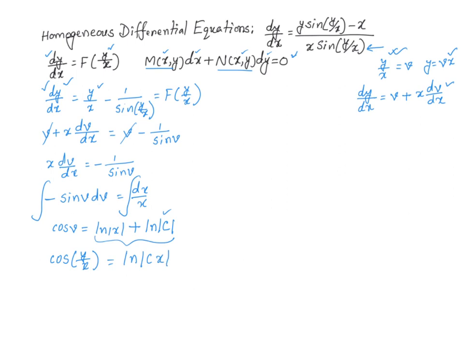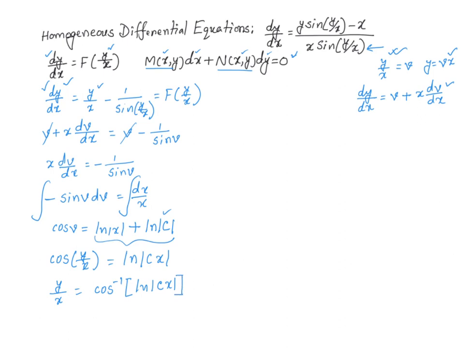Okay, because ln of a plus ln of b is ln of a times b. Now if I apply the cosine inverse to both sides, I'm going to get y over x is equal to cosine inverse, let's put it in square brackets just to make it look clear, this.